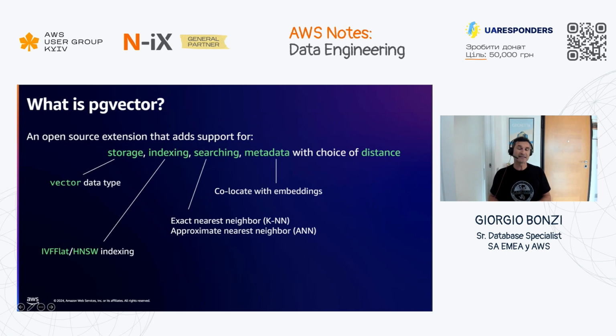We have seen in the demo presented by Tony that you can create a table, and in the same table you can store both your generative AI data, so your vector embeddings, together with metadata and transactional data. And this is much more efficient because it allows you to access the data without the need to synchronize different information between different systems.